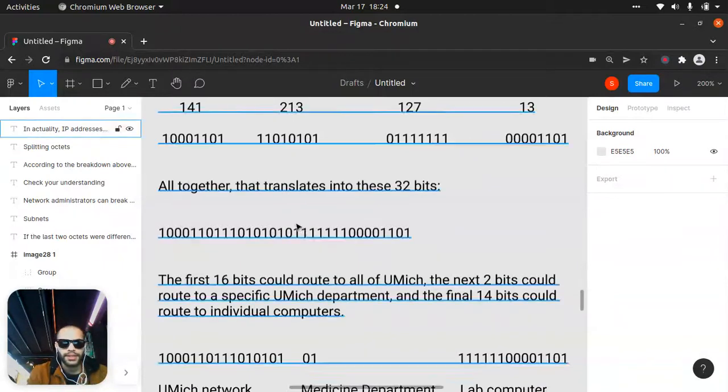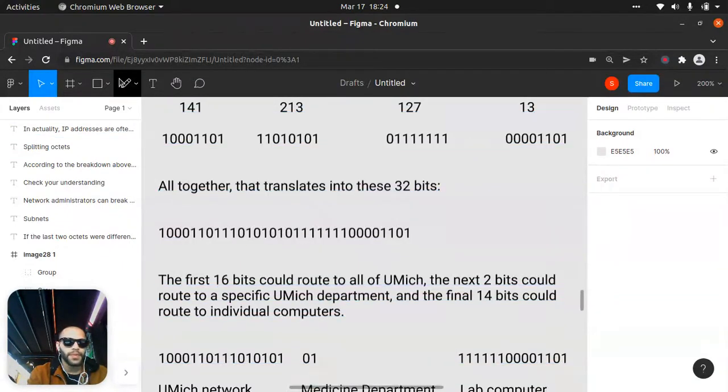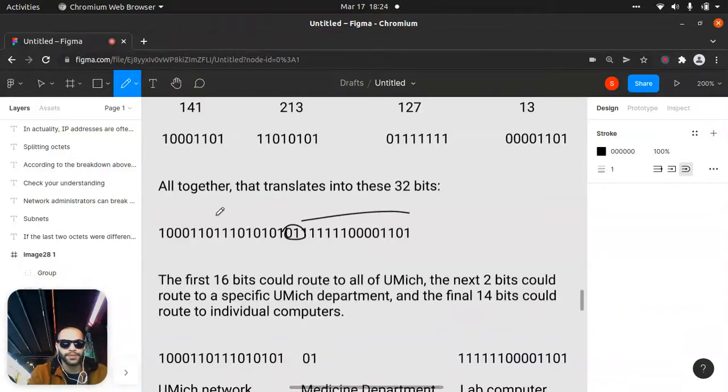This point is the specific unique department, which we saw, right? And the final 14 bits, from this place, represent individual computers. So we have many more possibilities there, you saw, right?